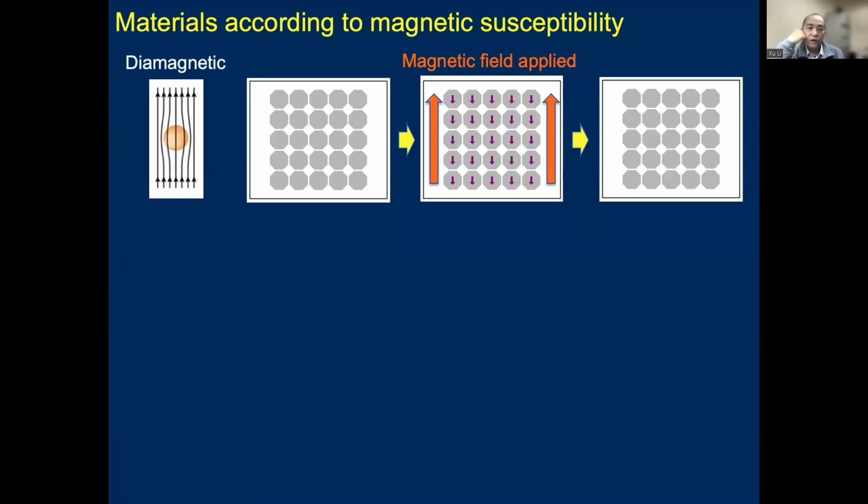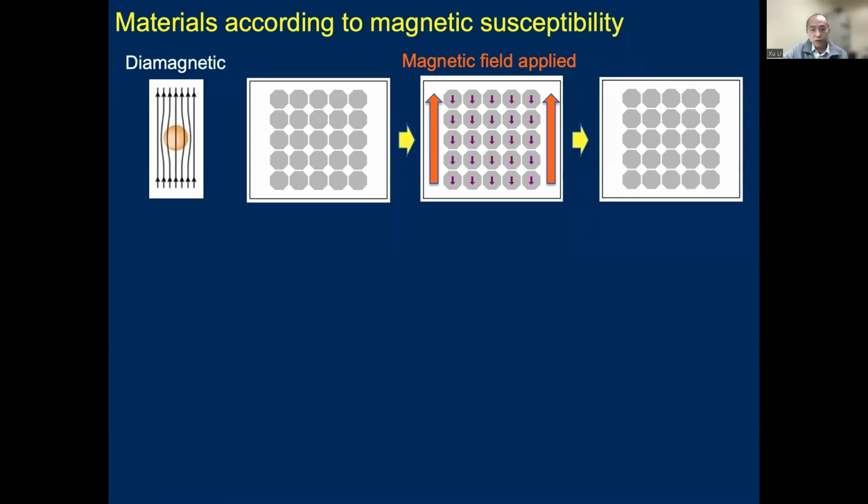For diamagnetic materials, usually in their natural form, they do not have any net magnetic moment at the molecular level. And if you put them in an external magnetic field, they will induce some local magnetization that opposes the external magnetic field. And when you take the material out of the magnetic field, it will return to its natural form.